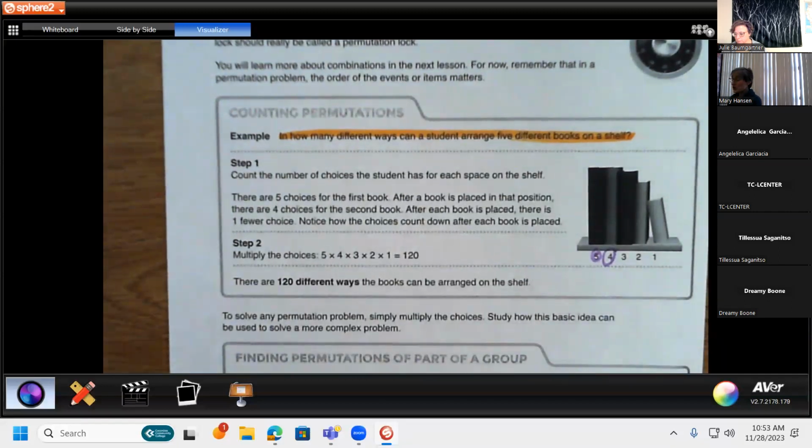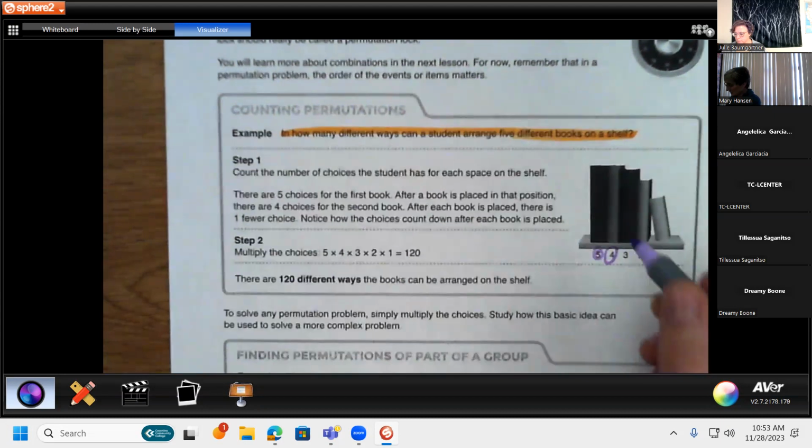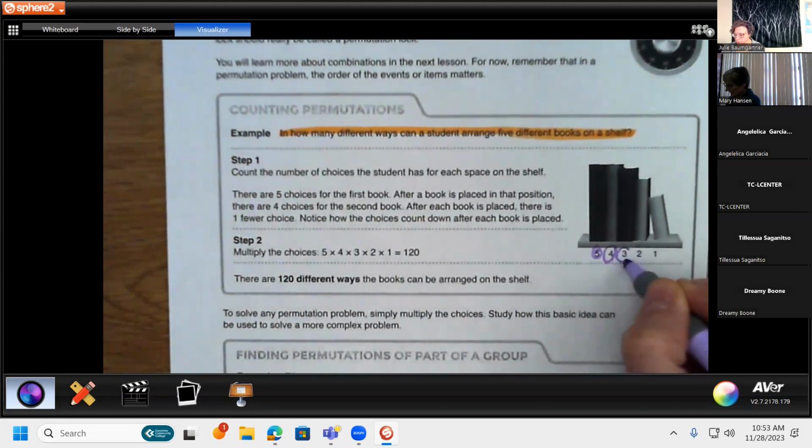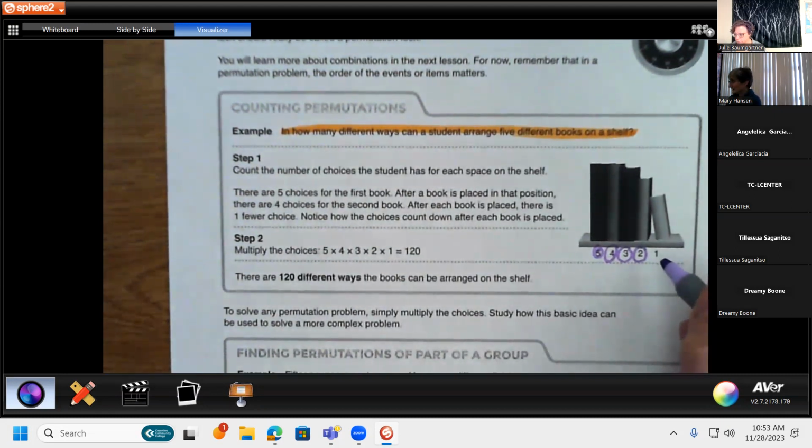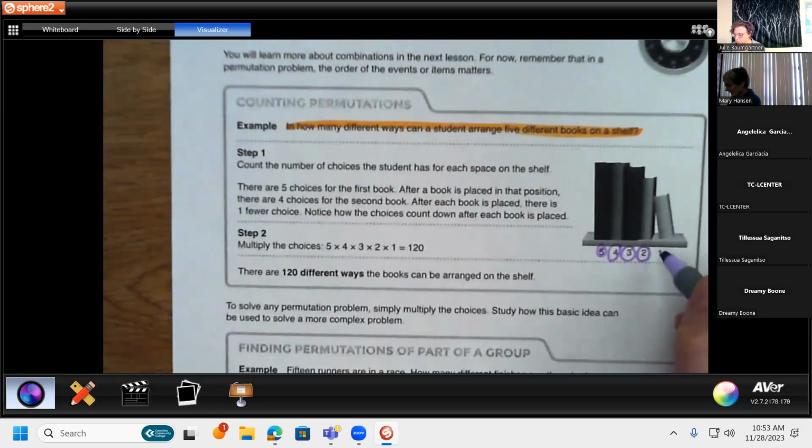And then once I've chosen the first 2 books, in the next slot, I only have 3 books left that could go in that slot. And so on until when I get to the last place, if I've already placed 4 of the books, there's only 1 book left.